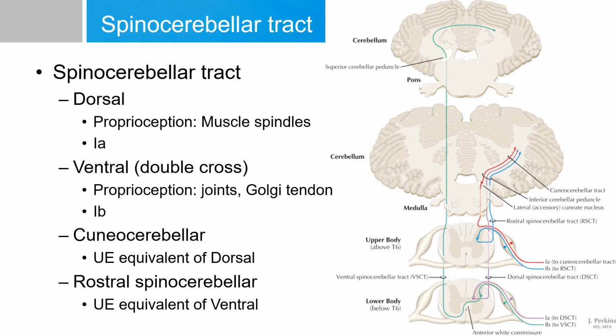This is known as a double crossing of the spinocerebellar tracts. And notice that only the ventral spinocerebellar tract goes through the superior cerebellar peduncle, while everything else goes through the inferior cerebellar peduncle.